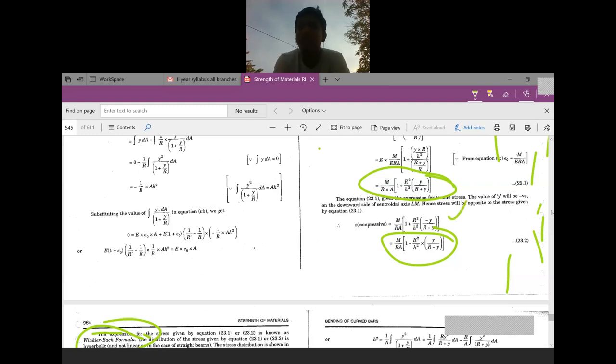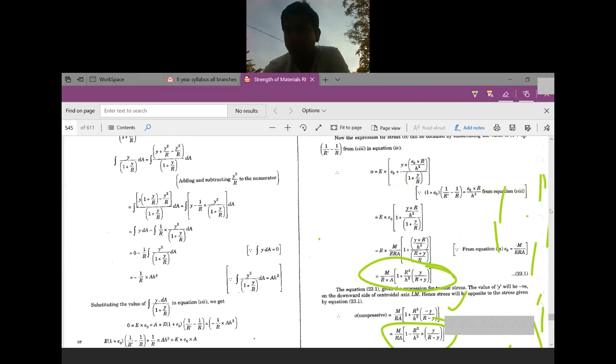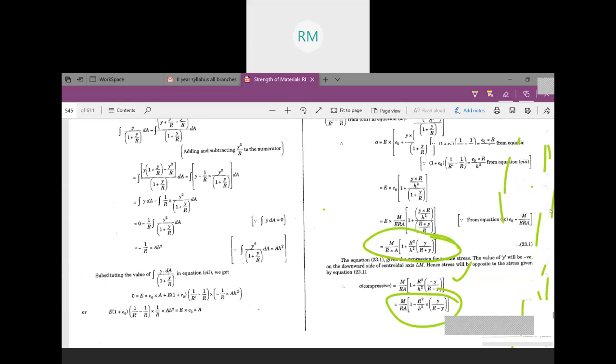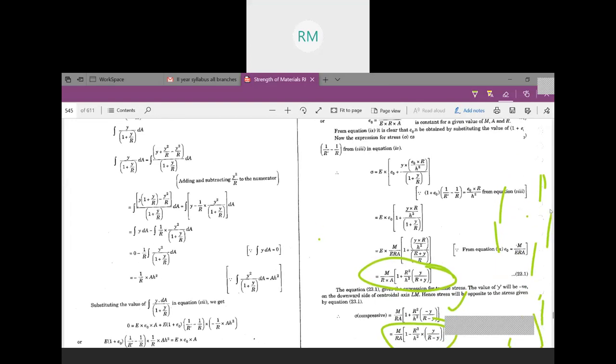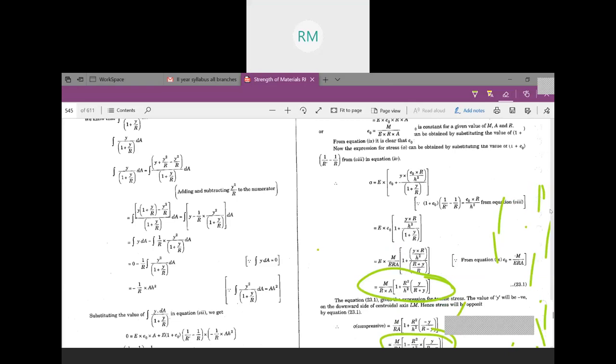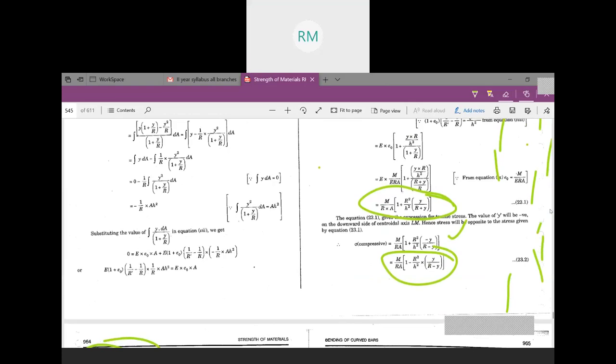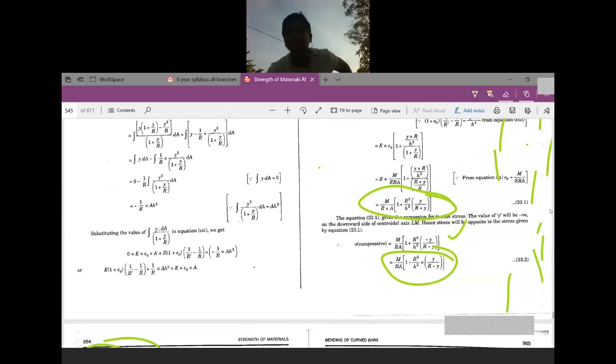The formula will be same. When you see this formula here, you have only a negative sign as the difference between the tensile and compressive formulas.